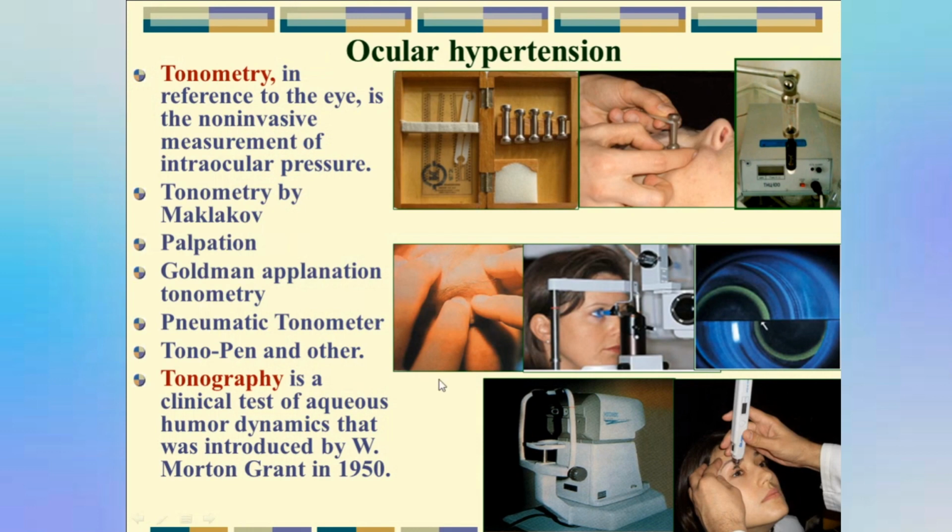When we have nothing else, we palpate the eye and estimate how hard it is. In European countries, the Goldmann tonometer is very often used. And nowadays we use pneumotonometers rather often, as those of you who have attended our practical classes have had the opportunity to see. Pneumotonometers are a non-contact method, and we use just air to measure intraocular pressure.